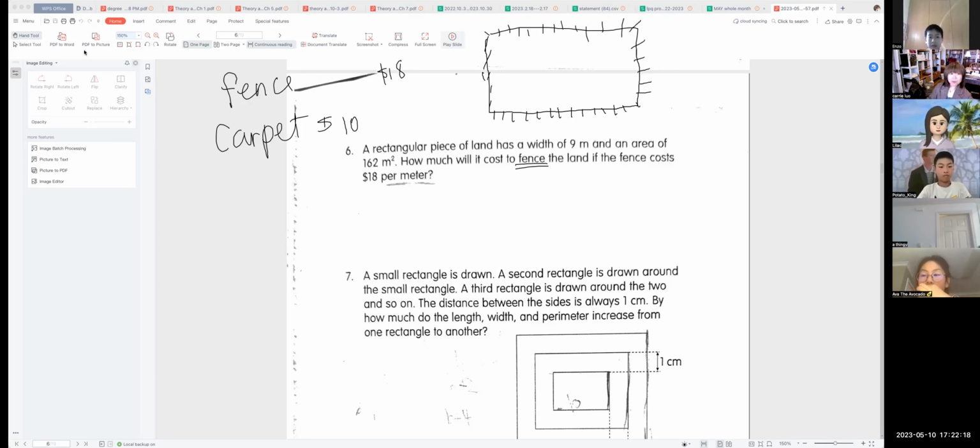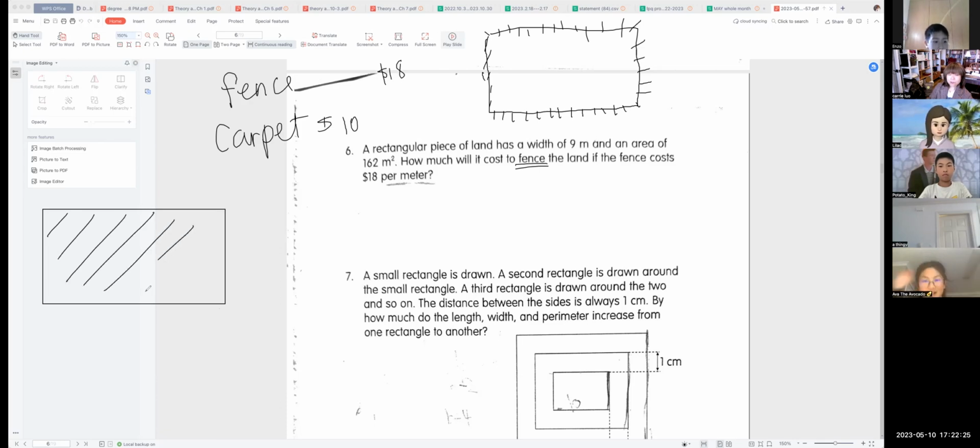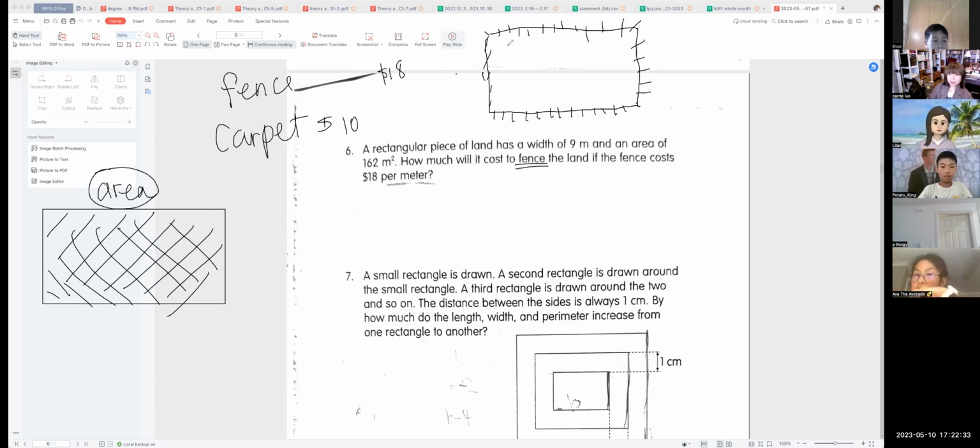And when we're talking about a carpet, it is going to cover it all. So on the other hand, when we're calculating the cost of the carpet, we're calculating with the area. And when we're talking about the fence, Ava, it is talking about the perimeter.